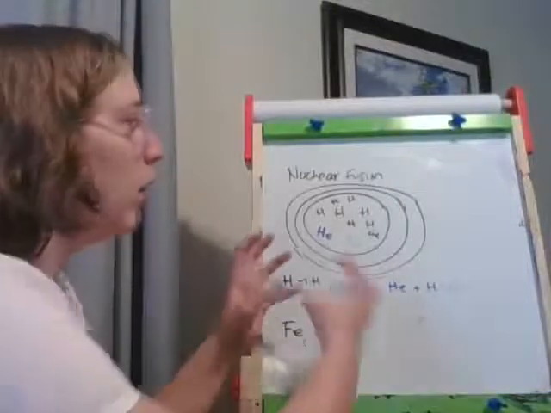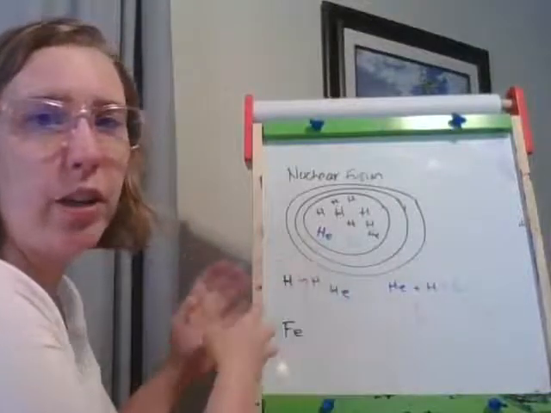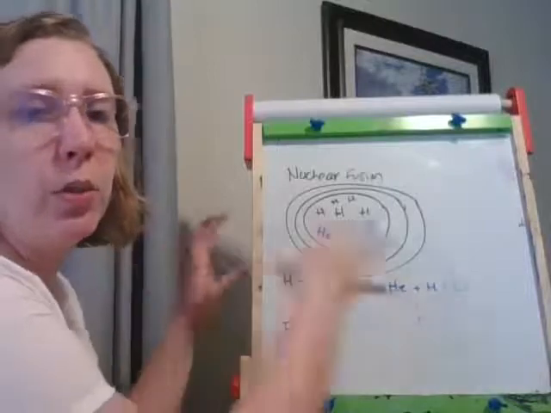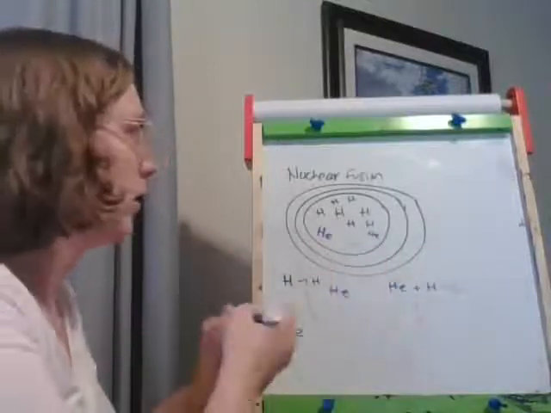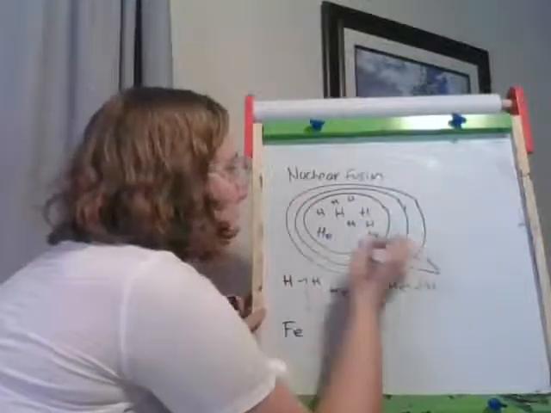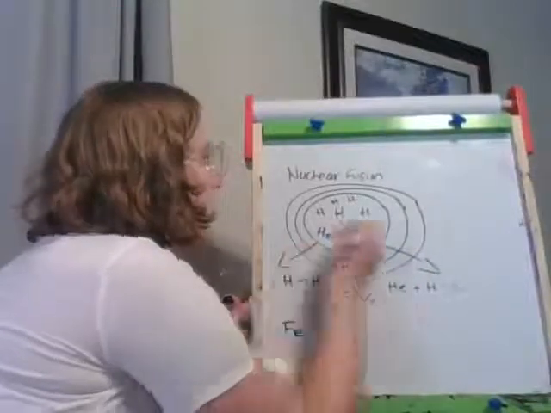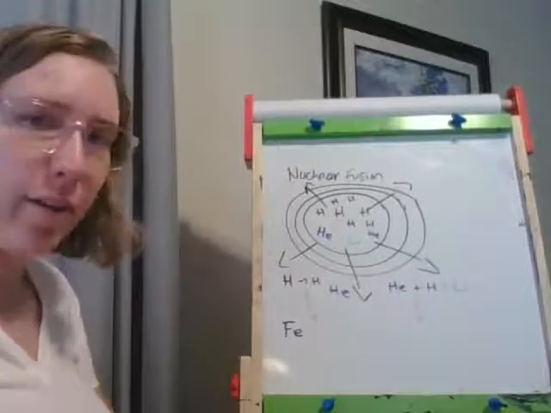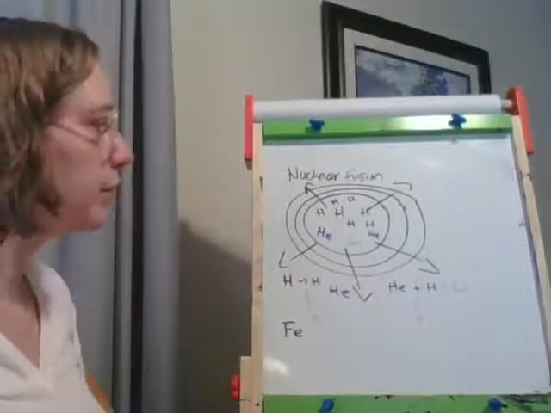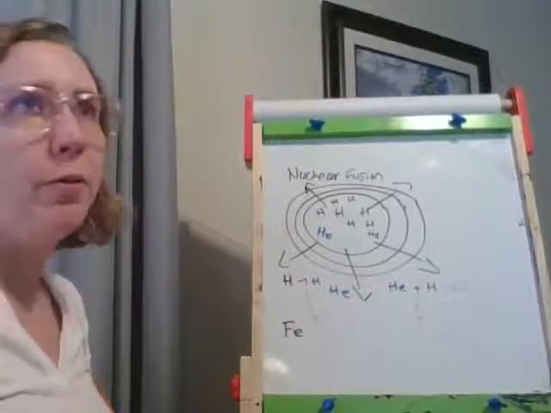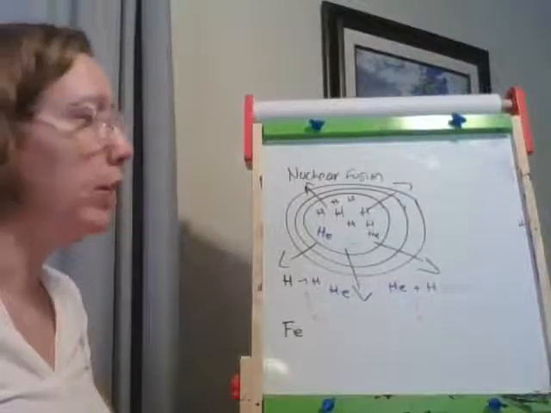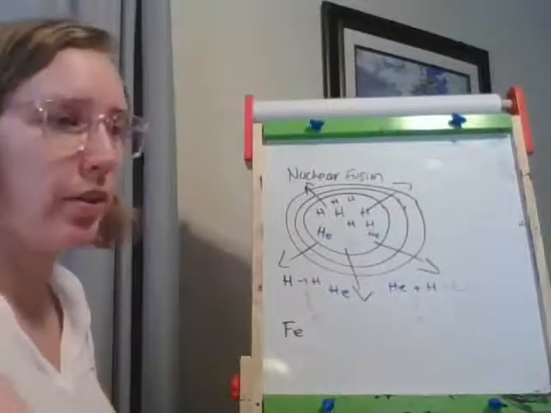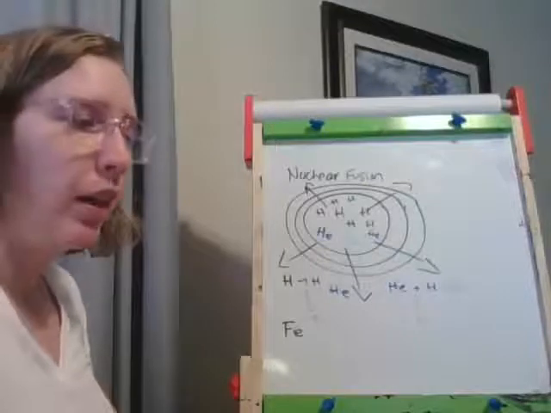And then all of these elements from hydrogen up to iron spew out. It releases all of these trapped elements that were inside of the star out into the universe, to then form a neutron star or a black hole, depending on the mass of the star we're talking about.